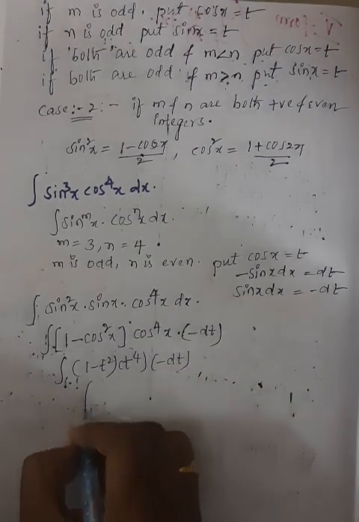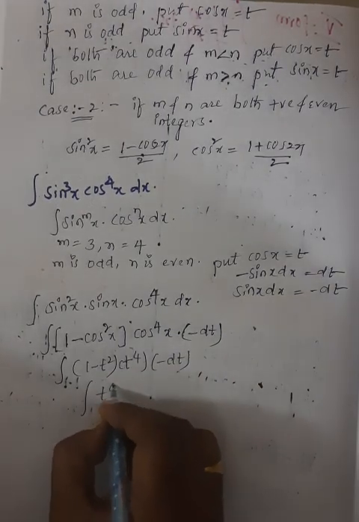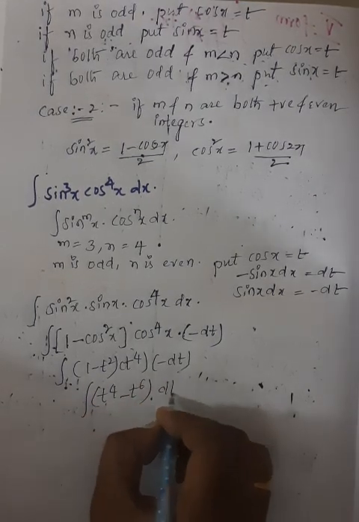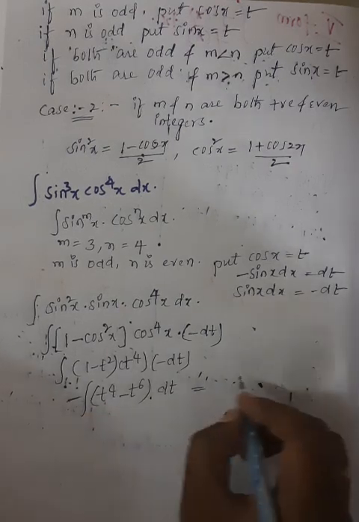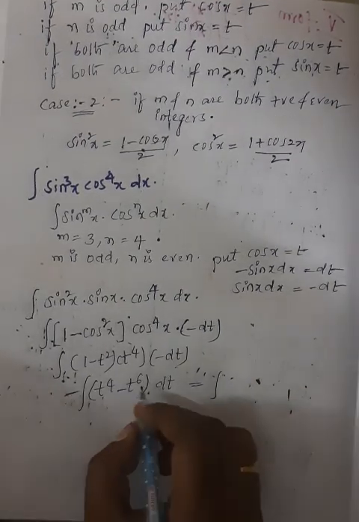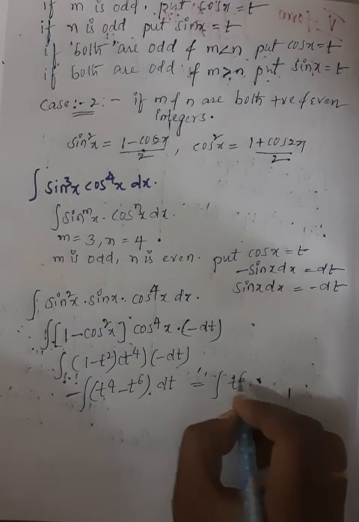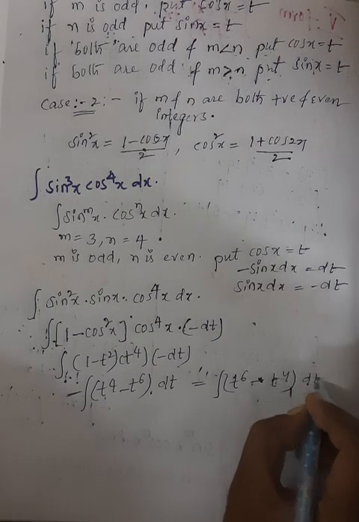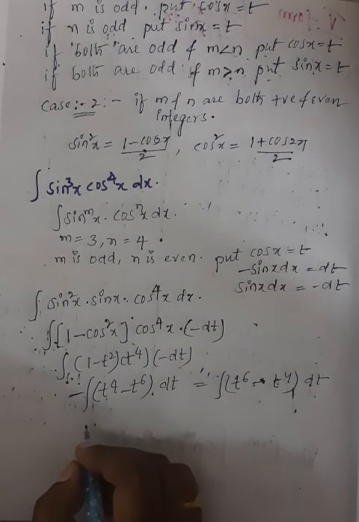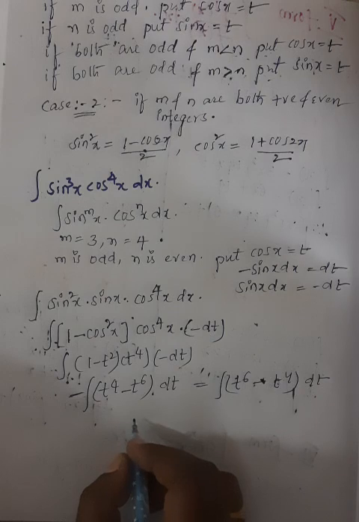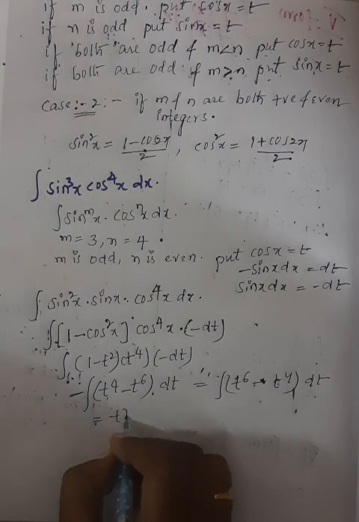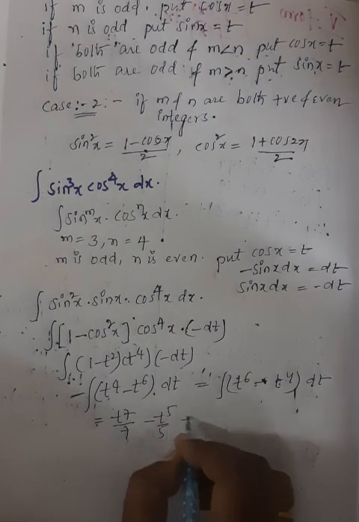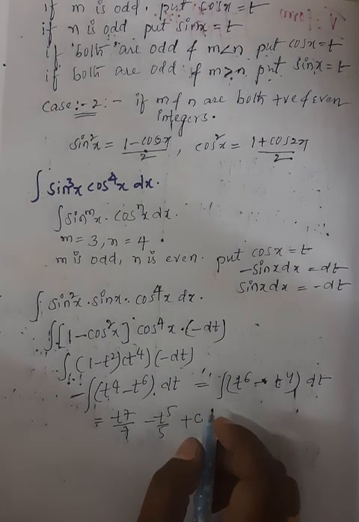So it will become 1 into t power 4 minus t power 4 into t square, t power 6, dt. Now multiply the minus: minus t power 6 is plus t power 6 minus t power 4 dt. Now integrate easily, t power 7 by 7 minus t power 5 by 5 plus c, by using the formula integration of x power n dx.